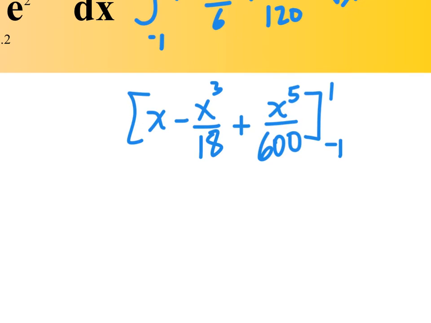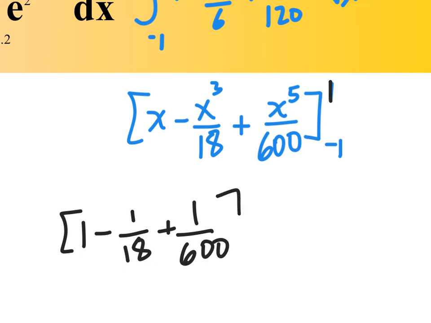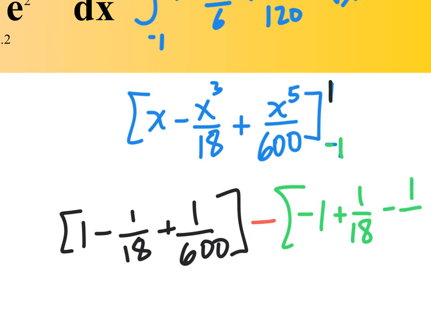Let's plug in +1. That'd be 1 minus 1/18 plus 1/600, minus, we'll plug in -1 here. That'd be -1 plus 1/18 minus 1 over 600.